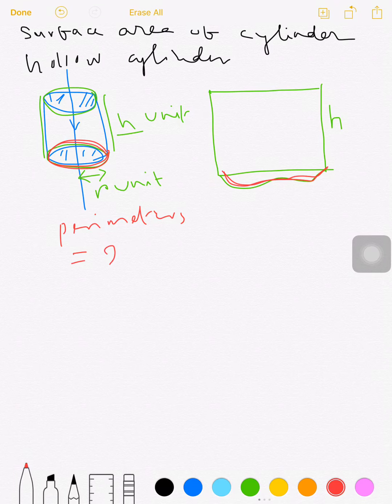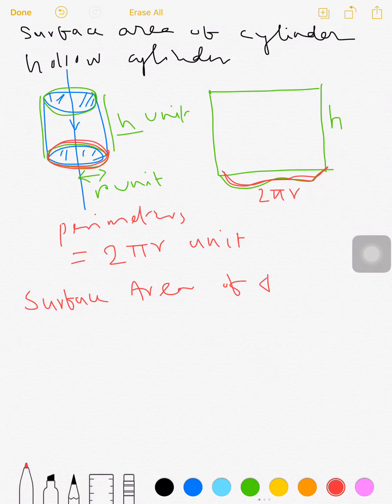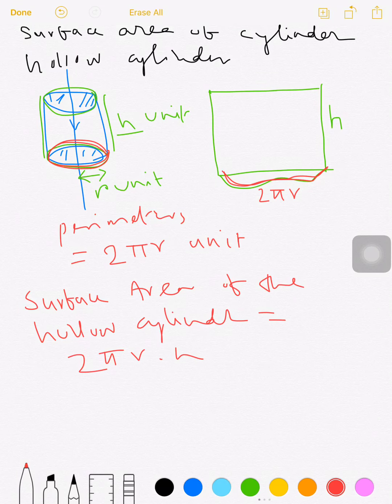The perimeter would be 2 pi r unit. Hence it will be 2 pi r unit. And now what will be the surface area? Hence the surface area of the hollow cylinder would be 2 pi r into h.